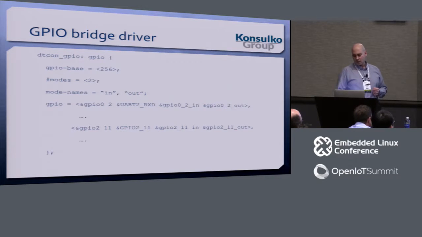So that's a property that's a set of 4 cells. The first cell is a pointer to the GPIO chip. The second cell is a pointer to the connector that this pin is connected to. And then the mode pinmux phandles follow.